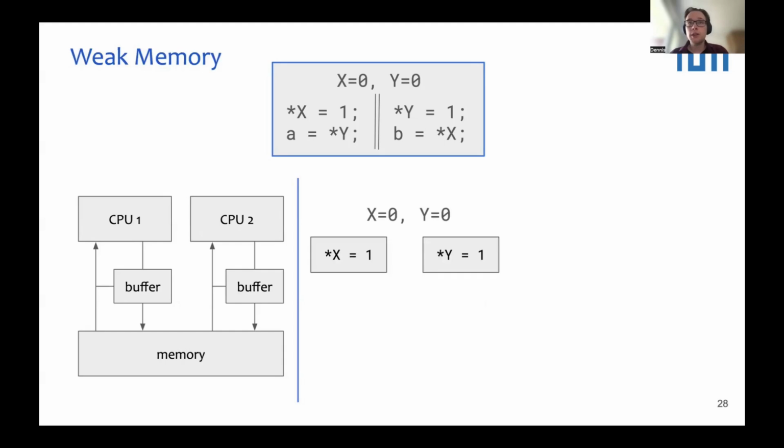So what we could see is the program where both threads write 1 to their respective variable, but now consider that these are only written in the CPU local store buffer. Then, when the first thread tries to read y, it will read it from main memory, because the value written to y by the other thread is only kept in its CPU local store buffer, which means the left thread will only observe y being 0.